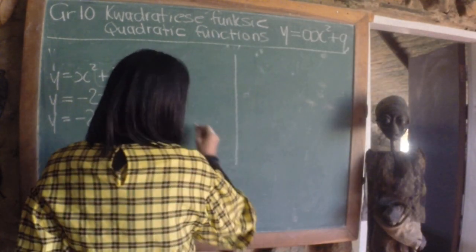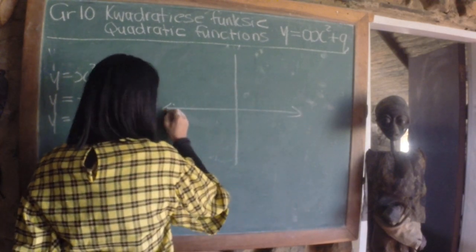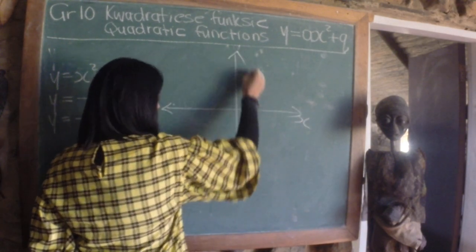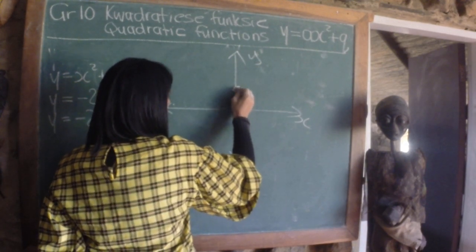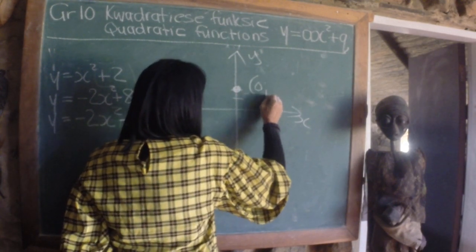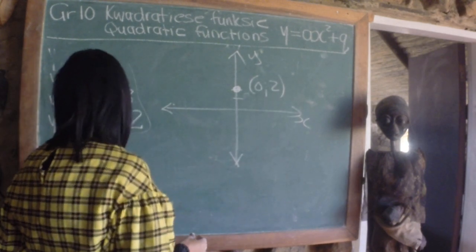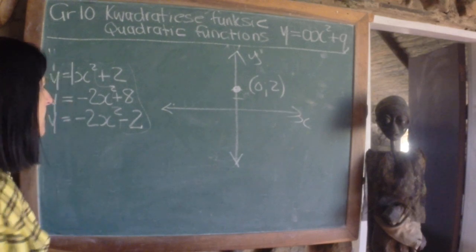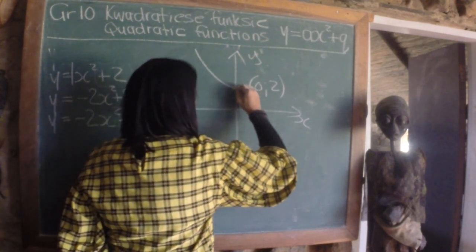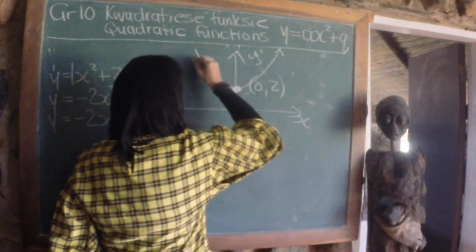We've got our Cartesian plane, we've got our x-axis, the y-axis, en ons het 'n draaipunt hierso op 0, 2. Let's go investigate our a value. Our a value is a smiley face. Kan julle dit sien?